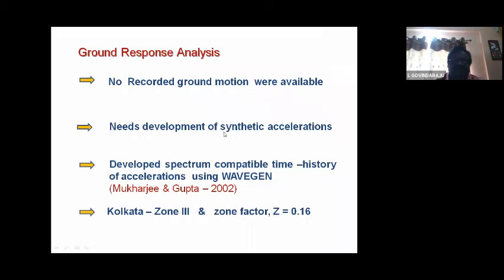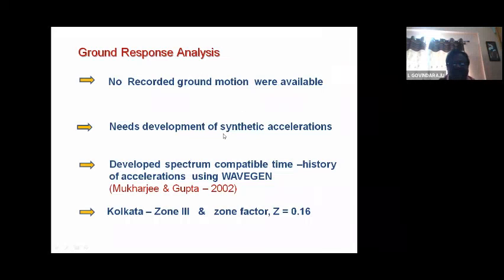Please note that this is a relatively new area where without waiting for an earthquake to occur in your region, you can always develop the probable earthquake that is expected to occur in your region. So that a probable ground motion that would be expected in your region in the event of an earthquake can be developed well in advance. And those accelerations that are developed, sometimes people use the term artificial accelerations, but the scientific term is synthetic accelerations.